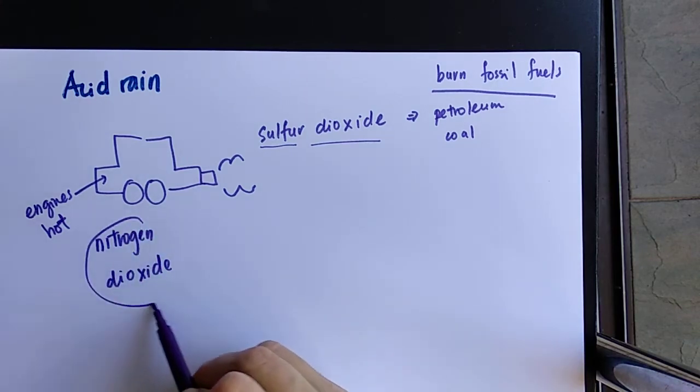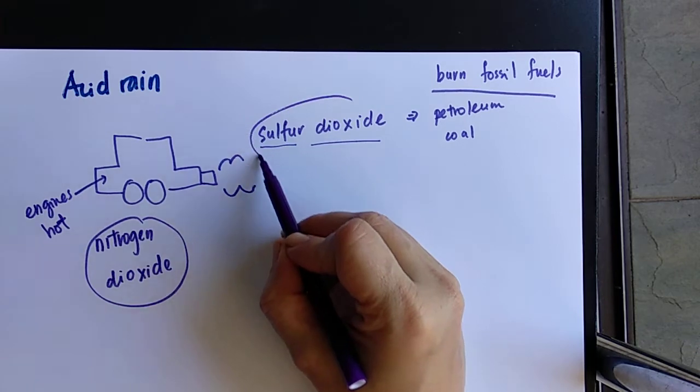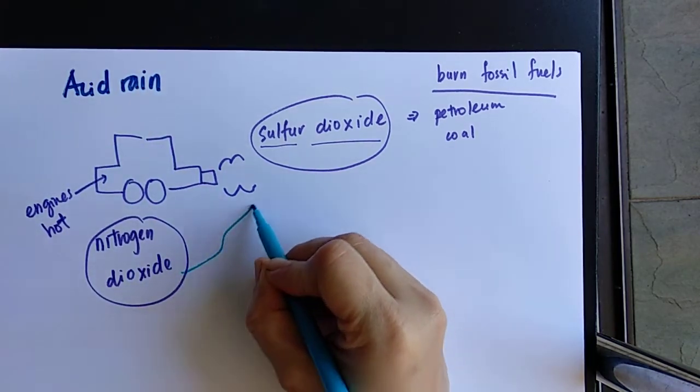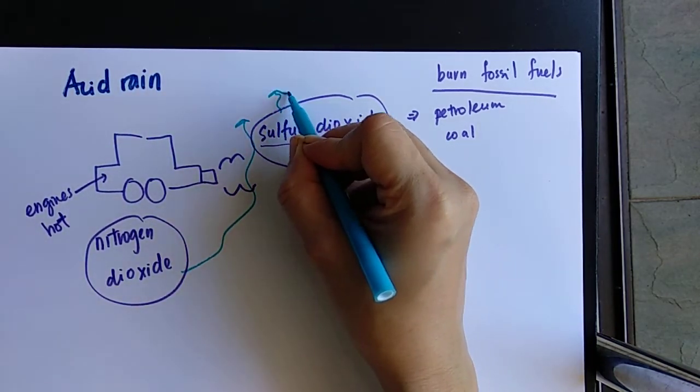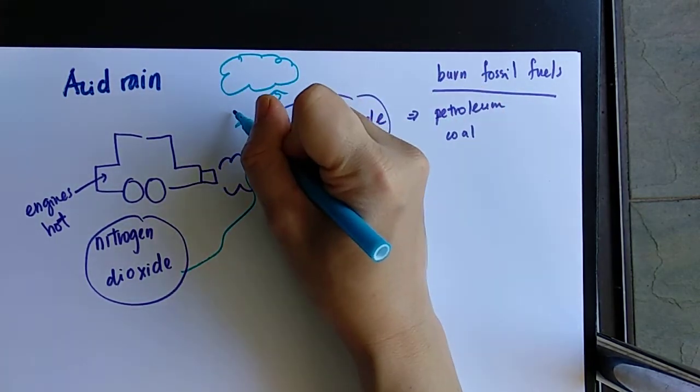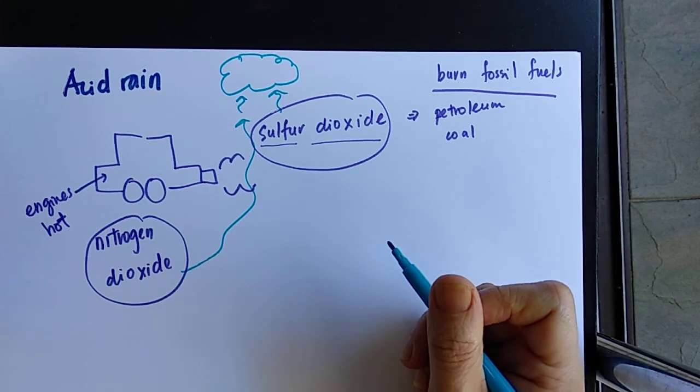So these two gases, nitrogen dioxide and sulfur dioxide, are very, very light. What happens is they move upwards towards the atmosphere and dissolve in the clouds and dissolve in the rainwater.